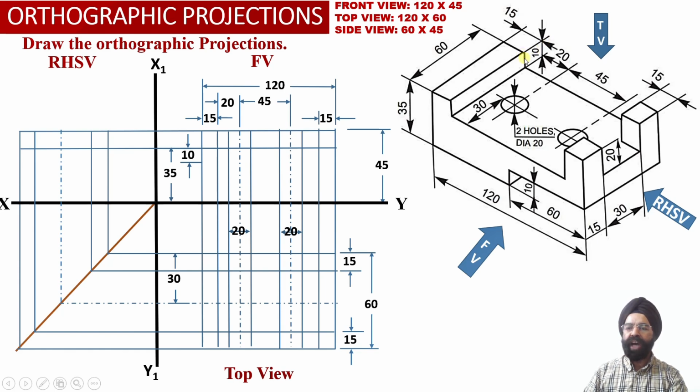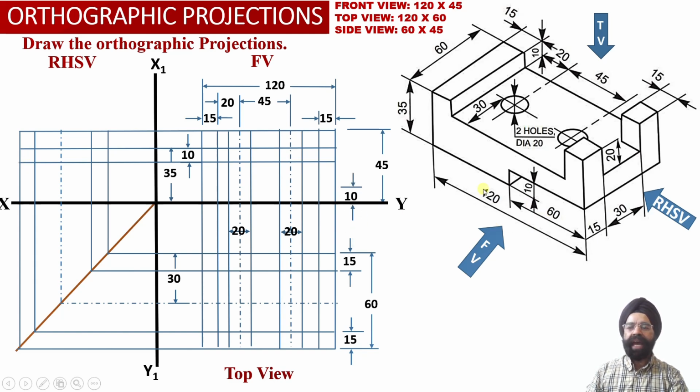So if we move down by 10 millimeter, the top face height of 25 millimeter will be obtained over here. So now we have obtained the height of the top face of the horizontal web as 25 millimeter in the front view projections, and this horizontal projector line has once again been extended into the right hand side view projections over here.